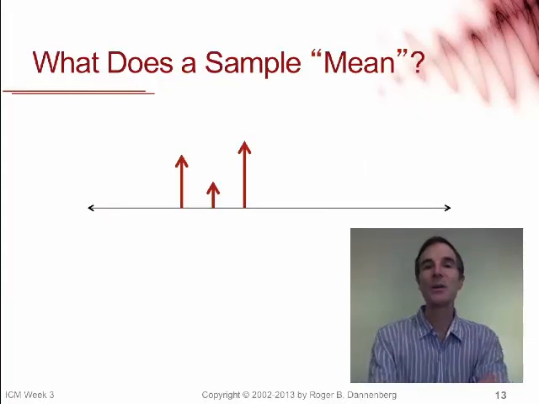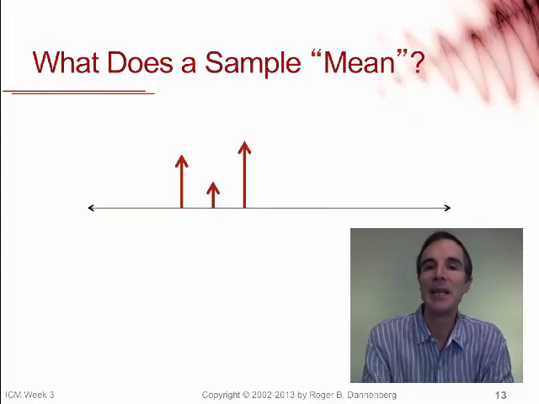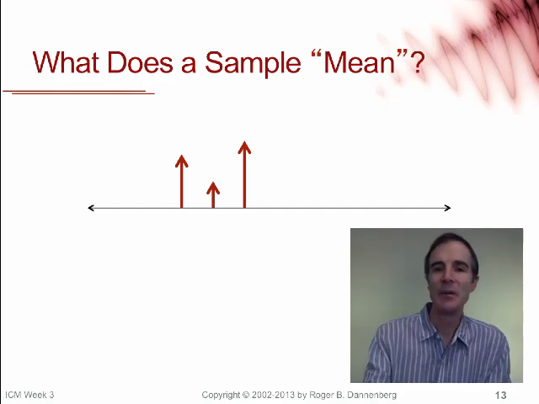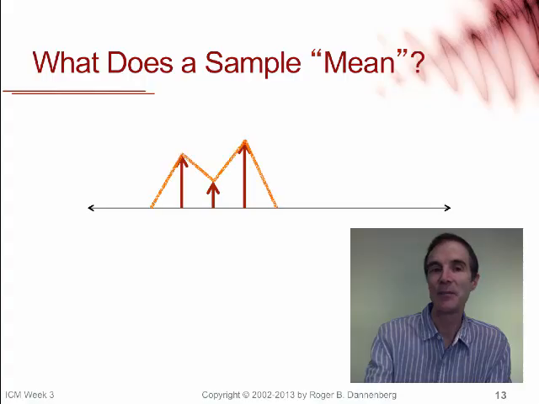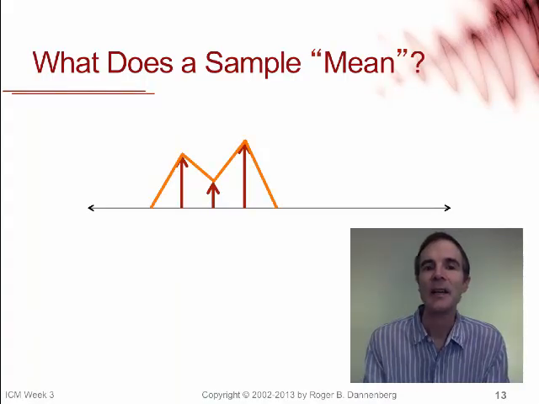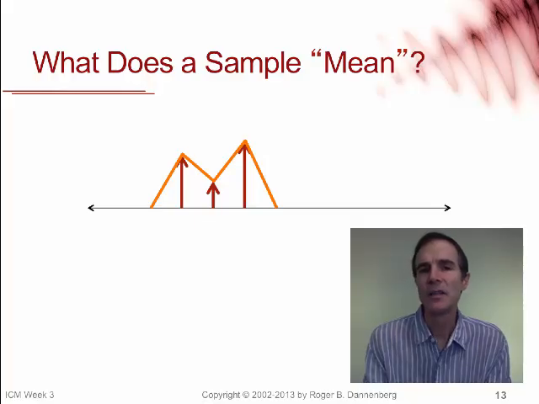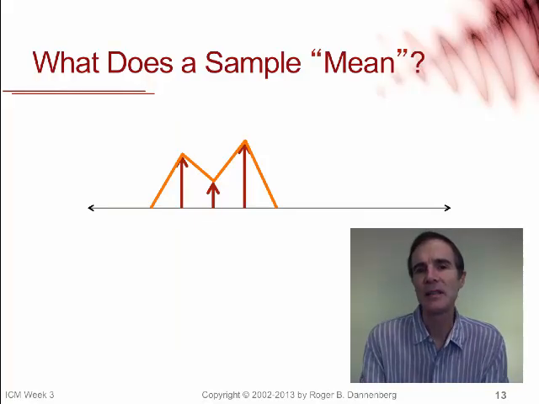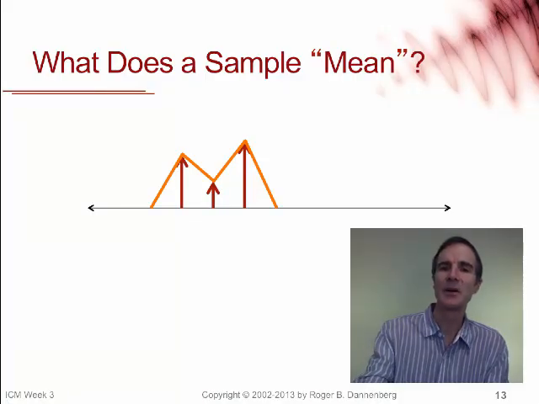All right, so here's a question. What does a sample mean? If I give you a single sample, or let's say 3 samples, what signal does that imply? You might think, let's just linearly interpolate between those samples. That makes sense, but that's not quite right.